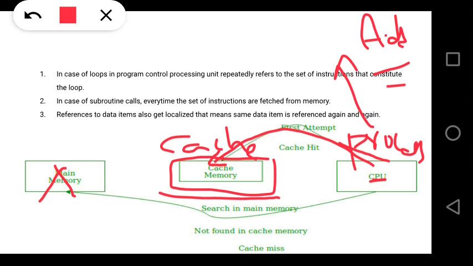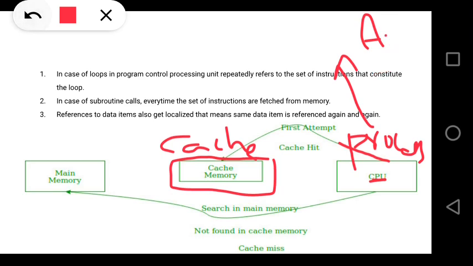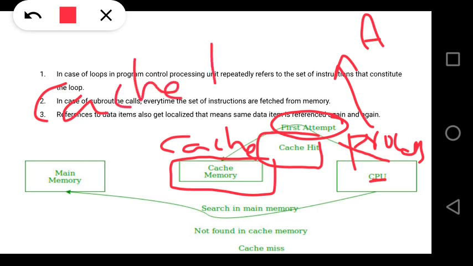So in the first attempt, it will verify whether the particular word is present in the cache. If so, the required memory word, instruction or data is present in the cache itself. Then this is called a cache hit.